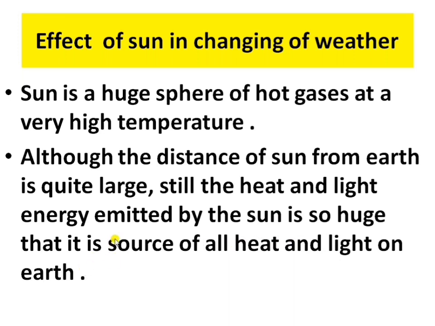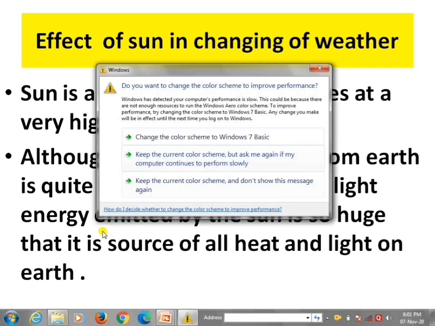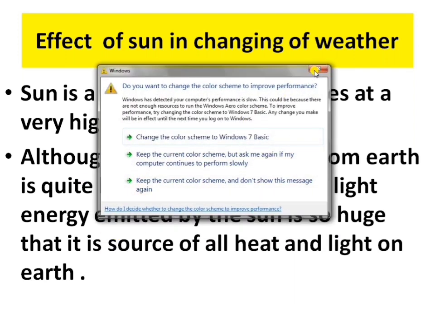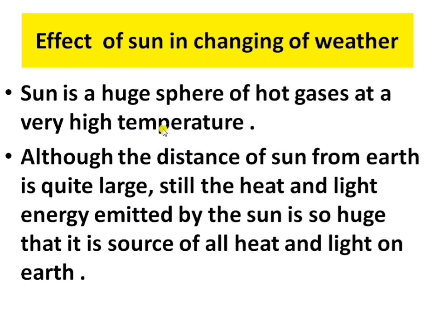So changes in the weather occur due to the uneven heating of the surface of the earth by the sun. The sun radiates an immense amount of heat and light, and the sun's heat creates the weather on the earth. As you know, when the sun shines, some parts of the earth get heated more than others, and this creates differences in temperature and pressure in different parts of the earth.